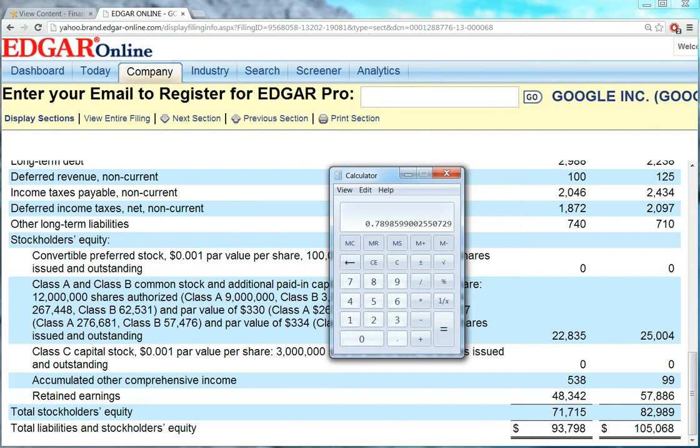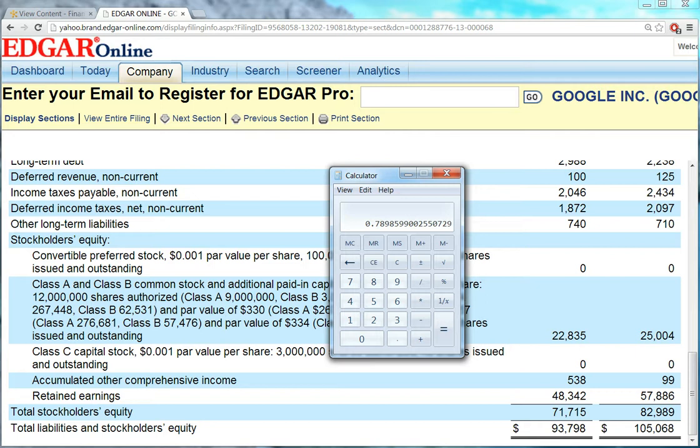That is an extraordinarily high equity to asset ratio. That we just don't see very often on a balance sheet. That is just virtually unheard of.